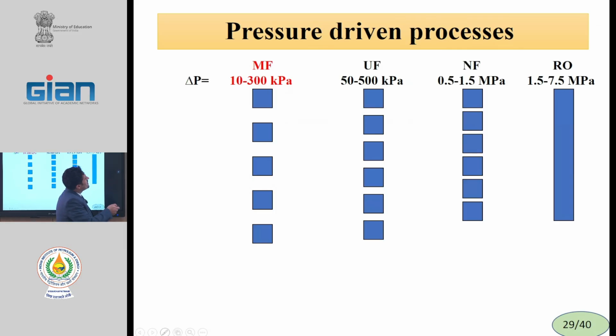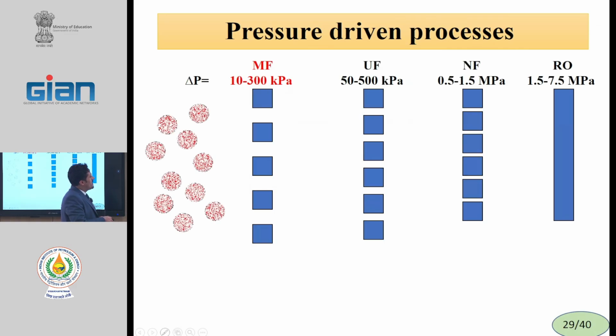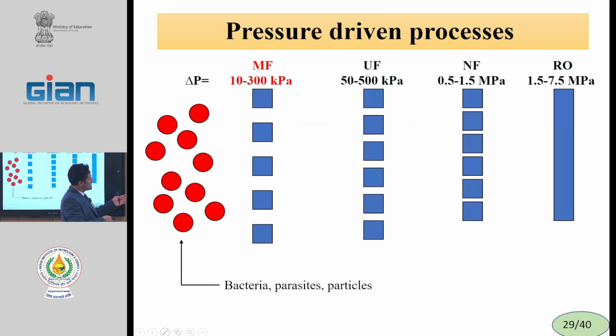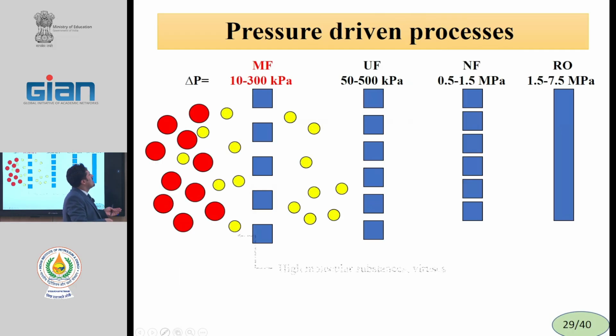With reducing pore size, we need higher pressure for transferring the solutes through the membrane. MF membranes separate bacteria, parasites, and particles, but cannot separate viruses.